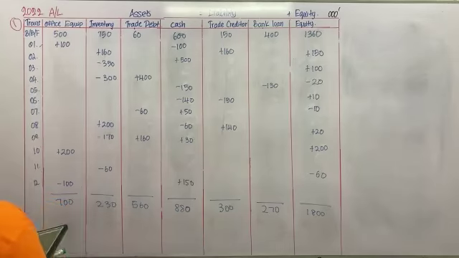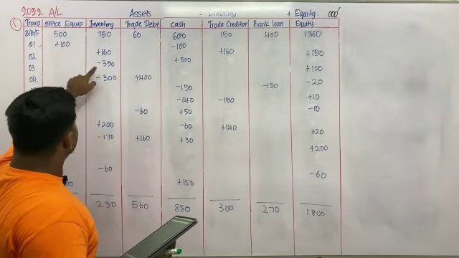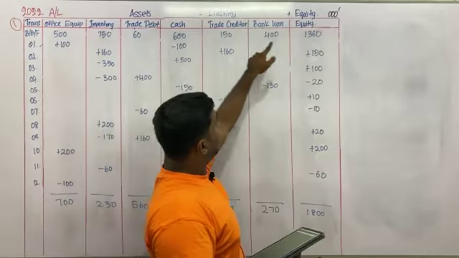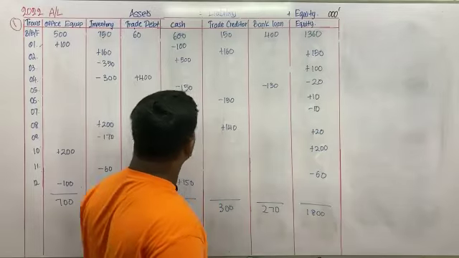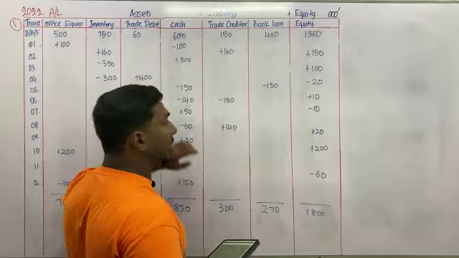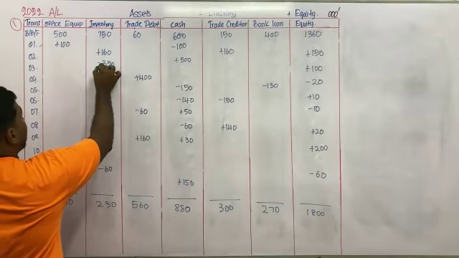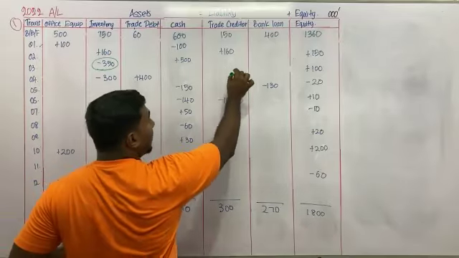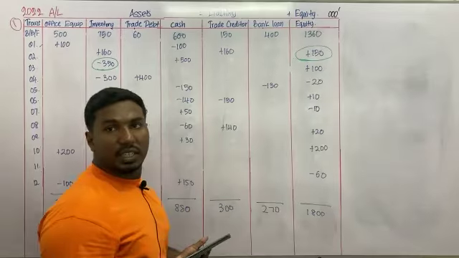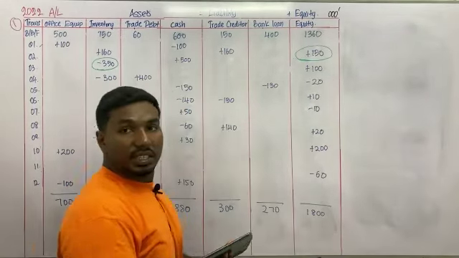Let's look at transaction number 3. Minus 350 in the inventory, plus 500 in the equity, plus 500 in the cash. If you have a minus in the inventory as well as a plus in the equity, it is a sale.